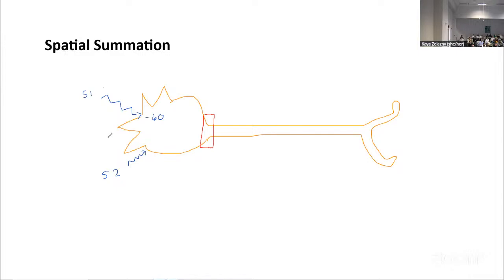So let's say we have that -60 over here. Let's say that as that charge spreads, it gets a little weaker. So maybe it got this patch of membrane to -65 in this location, right? So not quite that 10-point change, just a little 5-point change since we're farther from where this is.